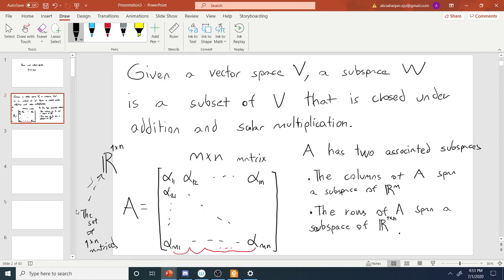So we find these two associated subspaces. The first one here is naturally called the column space. And the second is called the row space.